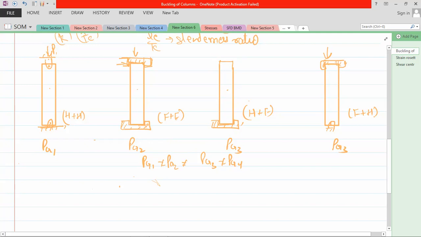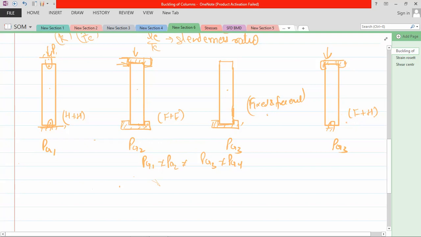No, this is fixed and free end, because earlier I produced both things as the same thing. So this is your fixed and free end. The body is like this. So these are your four conditions: hinge and hinge, fixed and fixed, fixed and free, and fixed and hinge.